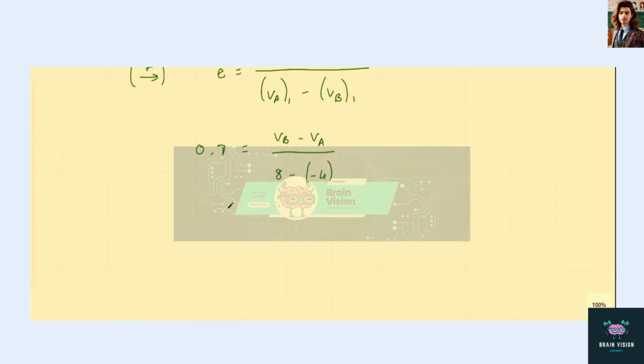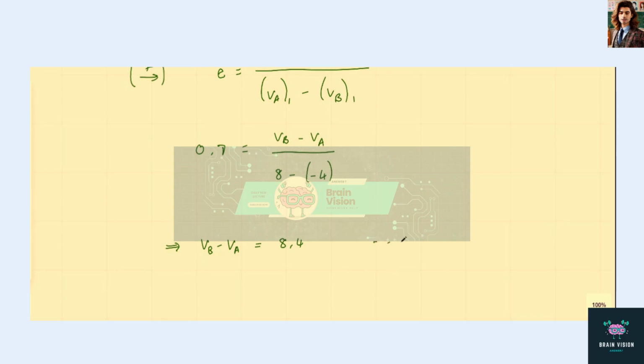If we rearrange this equation, we get that VB minus VA is equal to 8.4.